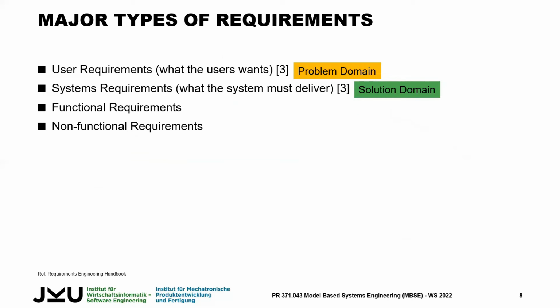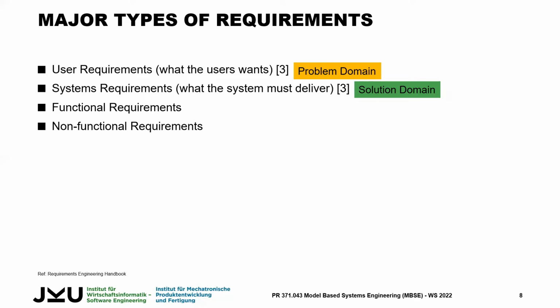Then major types of requirement engineering. Honestly speaking, there are many types of requirement engineering, and I just mentioned a few that you will hear every time. So user requirements. We talked about the problem domains, and the solution domains is the system requirement. If you can remember from the second lecture, one slide was like this.